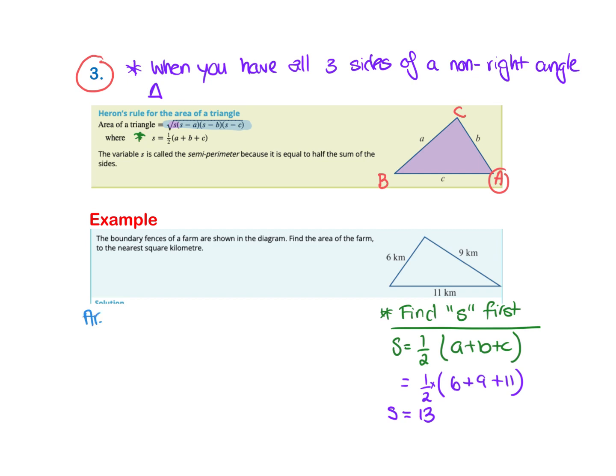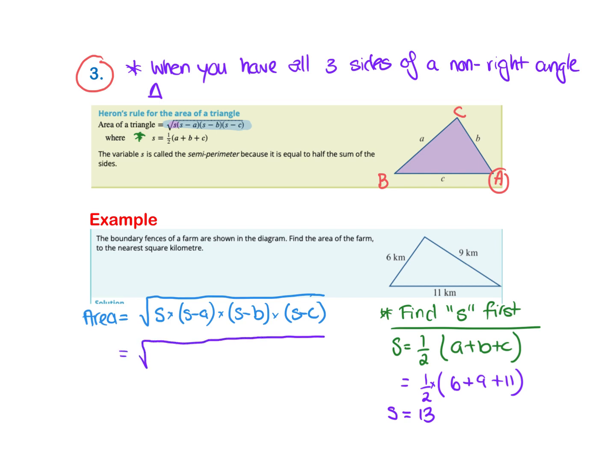So if I go to find the area, I'm going to write out the formula, which says square root of S, then S minus A, times, because you're actually timesing in between that. When we do this on our calculator, we get that square root function, which is control, remember, the square button, which you'll see in blue above the x squared.